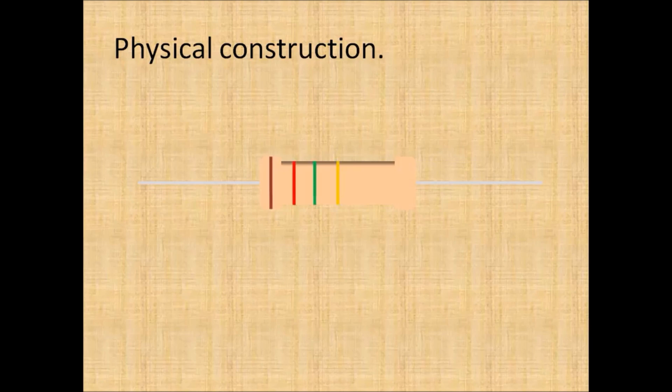So this is how color coding of the resistance has been done for the determination of the rating of this resistance. Basically, the first band represents the first digit, the second band represents the second digit, the third band represents the third digit, the fourth band represents the number of zeros, or we can say a multiplier of 10 raised to a power, and the fifth band represents the tolerance.